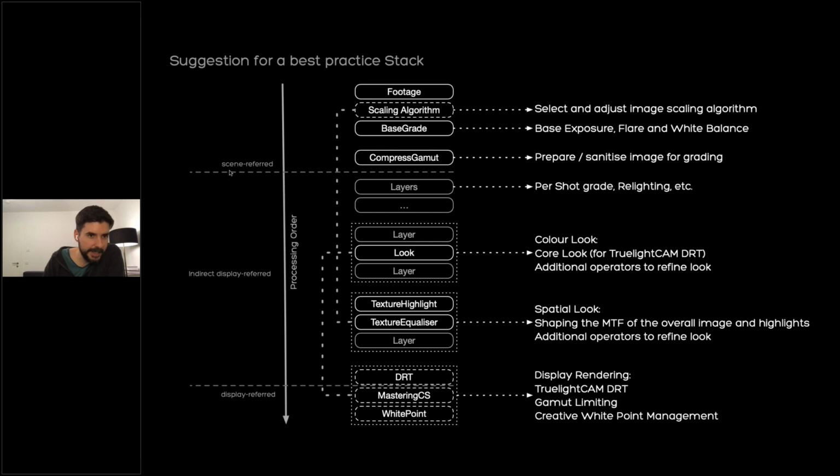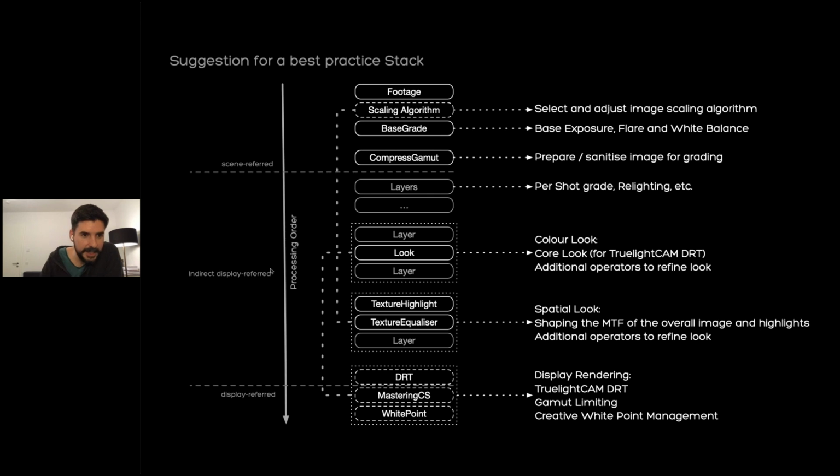So it's basically like a graded scene referred image state, but the grading was done while we were looking at a specific display. So there are some decisions already baked into the image that were made with a specific display in mind. So that's why it's called indirect display referred.